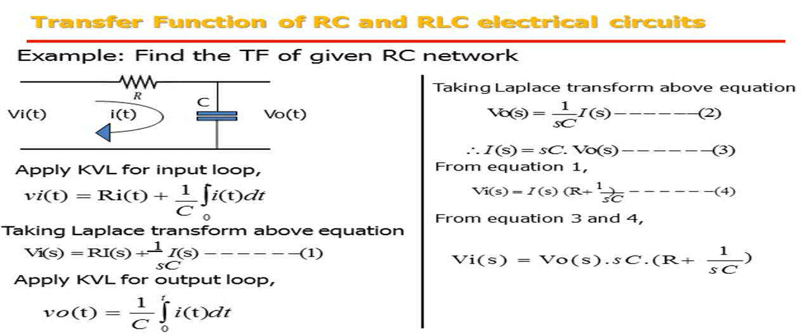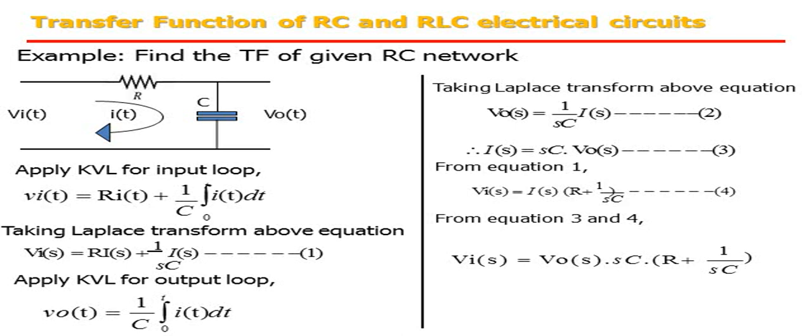Applying KVL to the input loop, we see the input loop has the components R and C, voltage Vi(t) and current i(t).